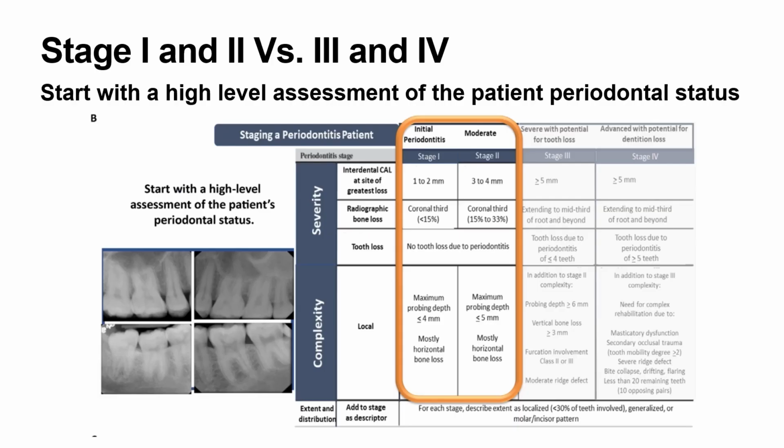This slide shows the high-level assessment of the patient's periodontal status, and there is a question that's frequently raised, and that is how to reliably differentiate between bone loss up to 15%, that's initial periodontitis or stage 1, of the root length versus bone loss extending between 15 and 33% of the root length.